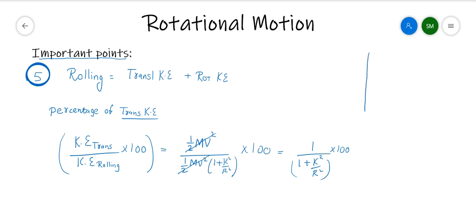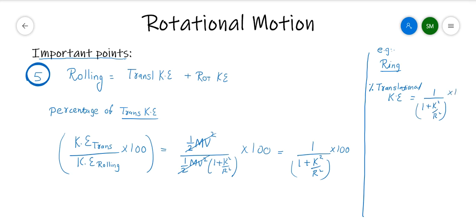Now how to apply this formula. For example, suppose we have a ring, and we want to find how much percent energy is in the form of translational, that is, the percentage of translational kinetic energy. I use the formula 1 upon 1 plus k square by r square into 100.